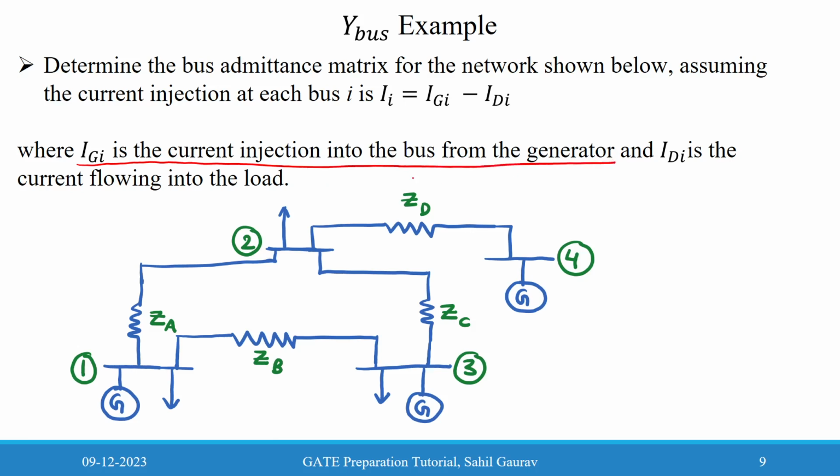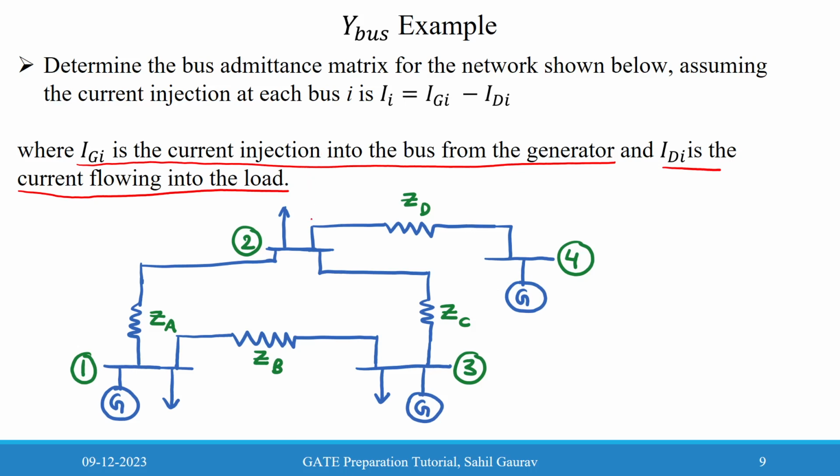And sir, Ii is the current at the bus. Yeah, current injection at the bus means, like sir, if it is positive, then the current injected by the generator is more than the current demand from the load, and if it is negative, that shows there is more demand at that bus by the load.